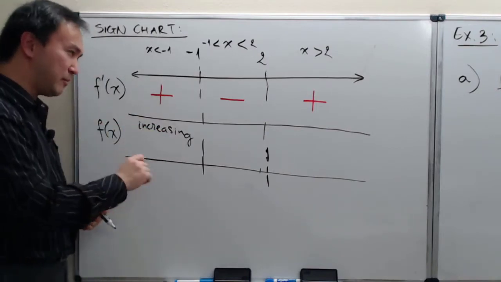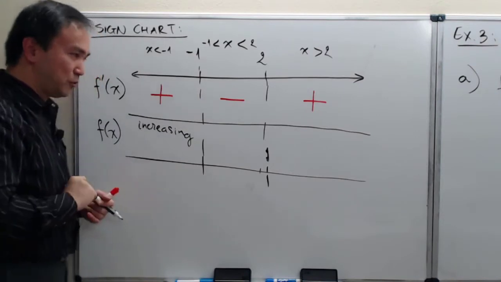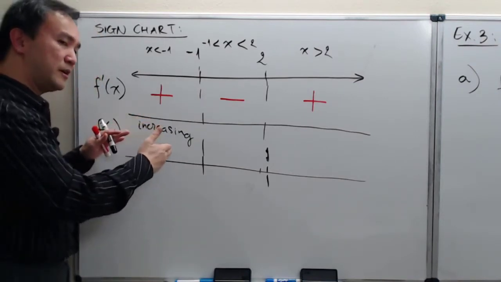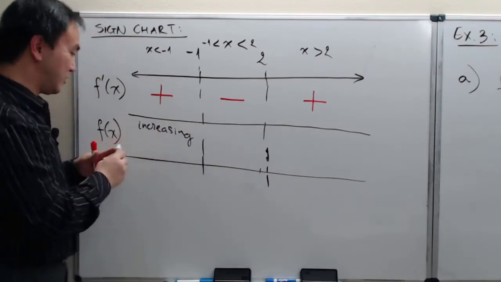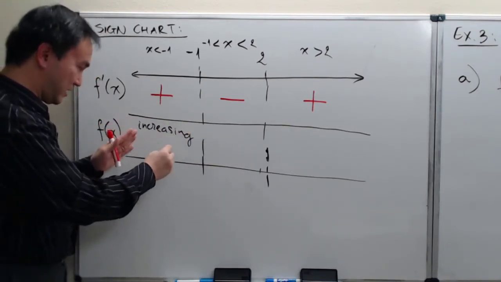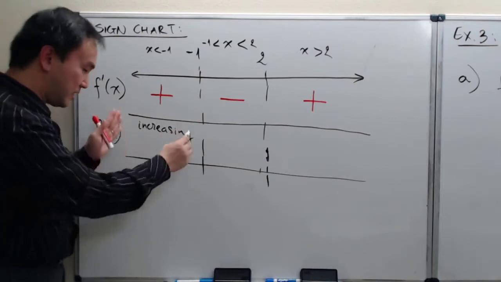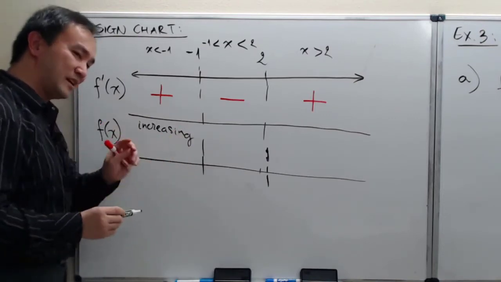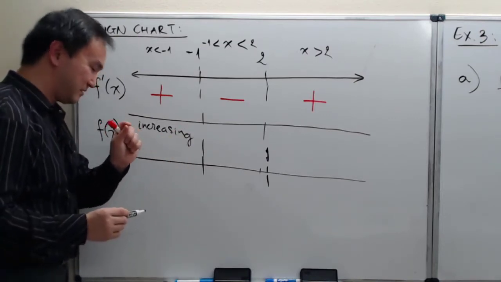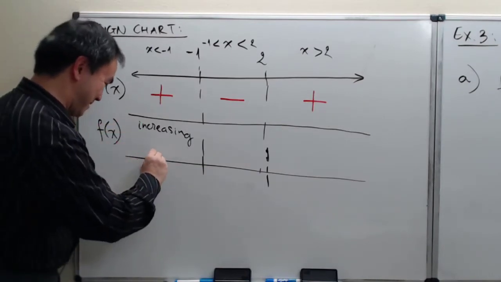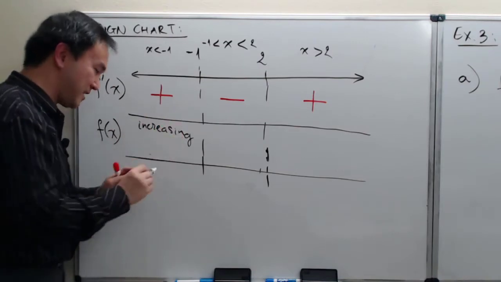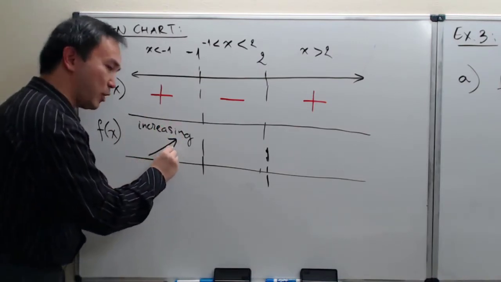But now keep in mind that in this example 3, looking for increasing and decreasing is not the ultimate goal of the problem. Here I just need an understanding that our function must be increasing in this interval. I recommend doing an extra step, optional but extremely useful: increasing from the left to the right, I'm going to draw an arrow going up like that.